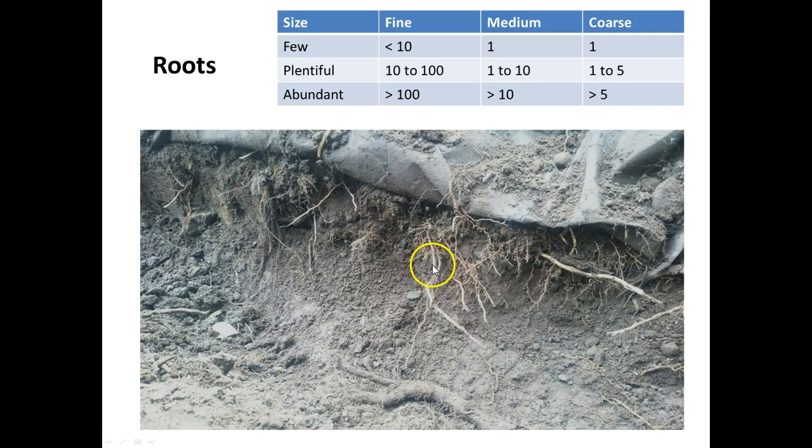So you're going to estimate the diameter of some of these roots and figure out what size class they're part of. Are they fine, medium, or coarse? And given that this is not a 1 by 1 meter area, you're not going to be able to do that. So perhaps you'll do a 20 by 20 centimeter area, and then you're going to have to do a little bit of math to scale that up to what it would be equivalent to in a 1 meter by 1 meter area. We can help you with that in the field.